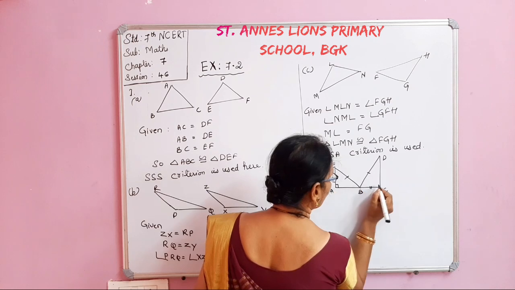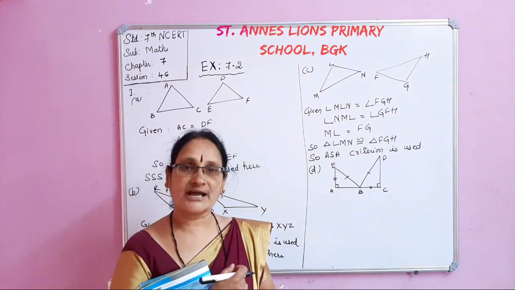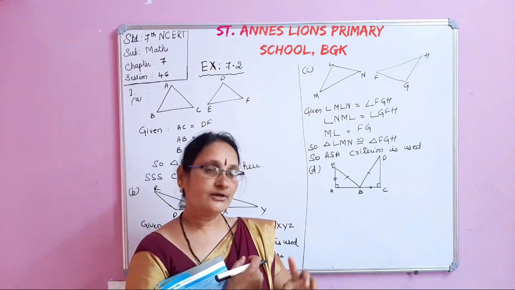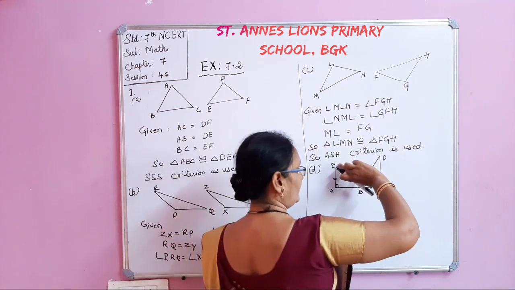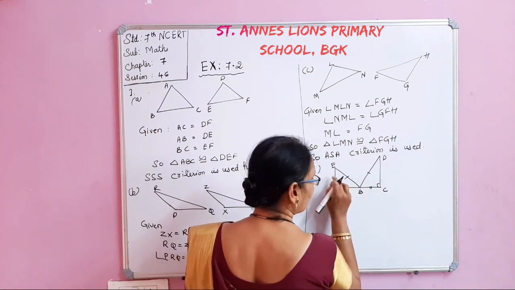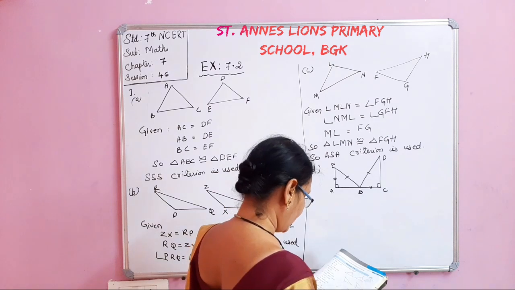This is 90 degree. Yesterday I explained to you: in a right angle triangle there is a hypotenuse and two sides, and in those two, any one must be equal. Here, see, the hypotenuse is equal, and the side, instead of this and this side, no problem. So they have given like that only.